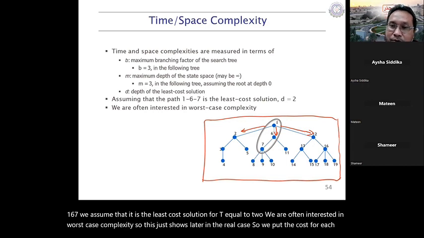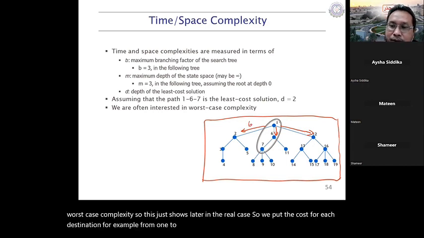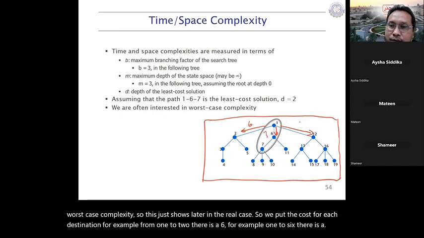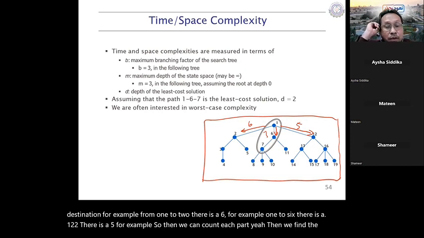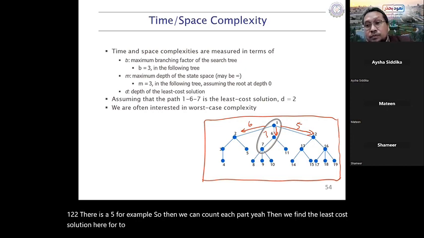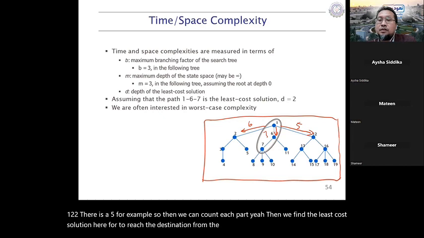For example, from 1 to 2 there is a 6, from 1 to 6 there is a 3, and from 1 to 2 there is a 5, for example. Then we can count each path and find the least cost solution to reach the destination from the root node, or from the parents.